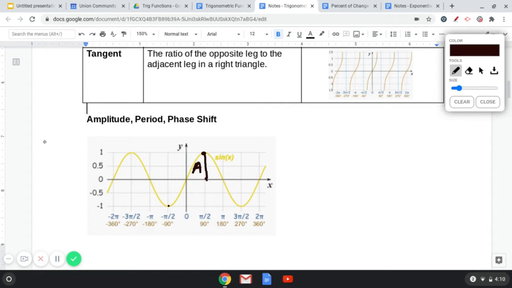And then period. Is the length or the time, how long? No, I'm going to write this differently.